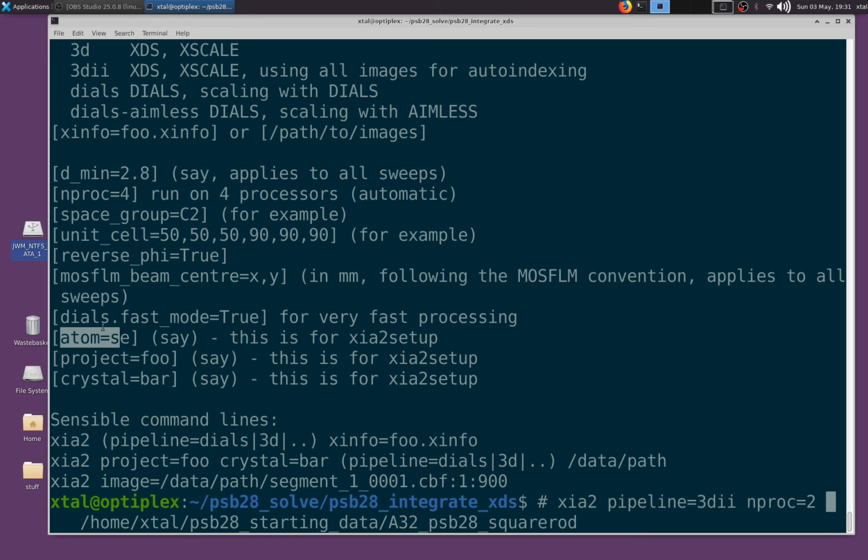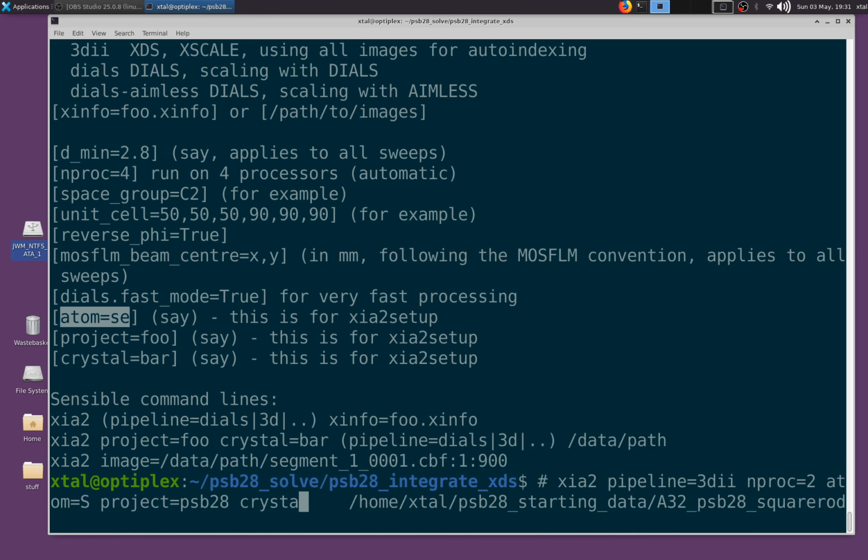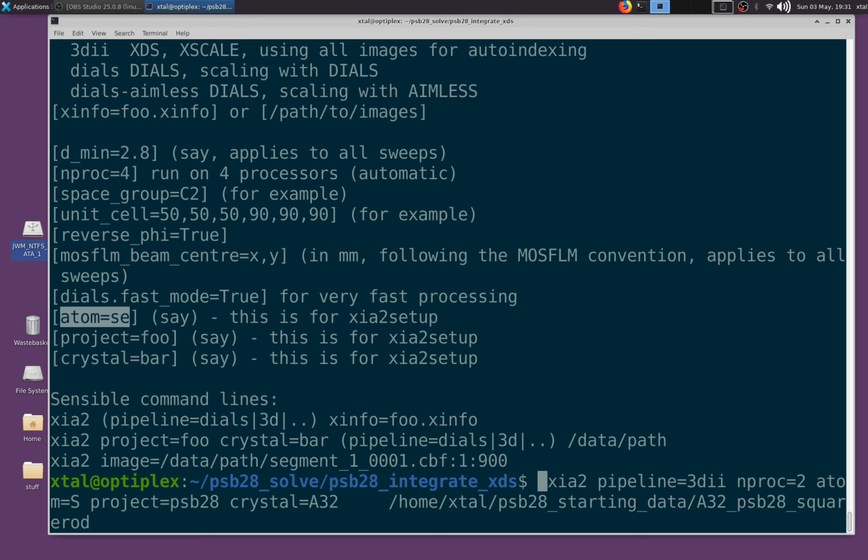The standard anomalous atom in proteins is sulfur, so I'll pick that. Project makes the files have nice names, and puts information into the files. It's PSP28, and the crystal is A32. And okay, so that's my command line. It seems okay, so I will now uncomment it and run, and this will take about 20 minutes.